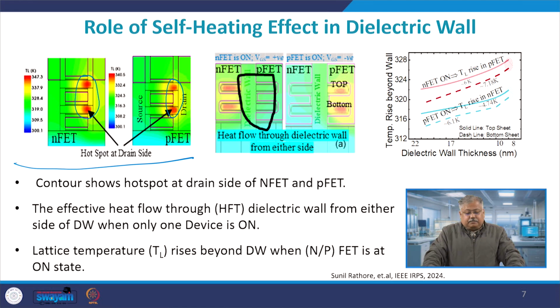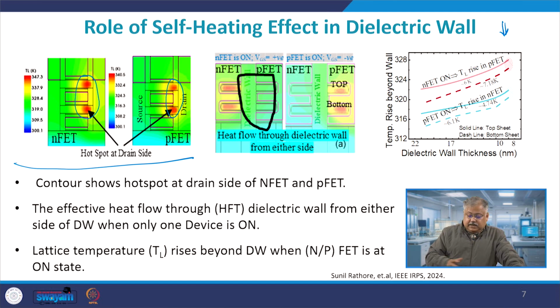Now the lattice temperature, which is the temperature of the lattice, will only rise beyond the wall when the FET is at an on state, which is but obvious, right? Beyond on state you will get a much higher profile available to us. So if you look at the rightmost figure here, it is basically the temperature rise beyond the wall with respect to dielectric wall thickness, which means that you vary the thickness from 8, 10, 17 and 22, right?